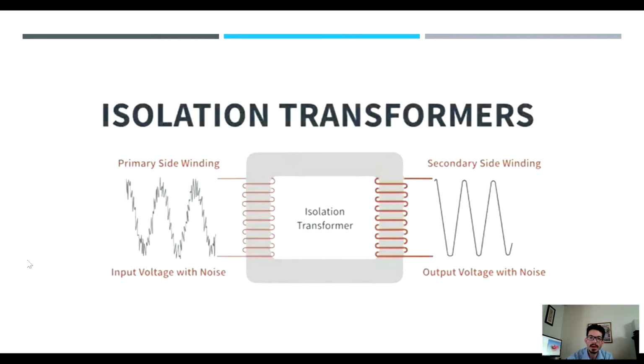So this is an example where, as you see, the windings are this copper, these are the windings on each side. But the useful part of this is that if you have your voltage coming in at 120 volts, 60 hertz, this is frequency equals 60 hertz, the voltage will remain the same, and the frequency will remain the same, but the noise is filtered out.